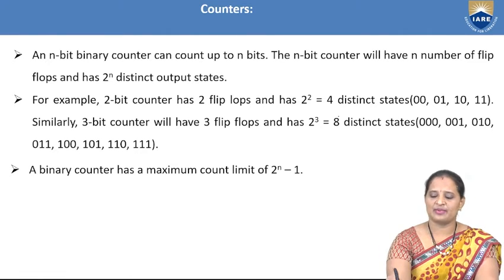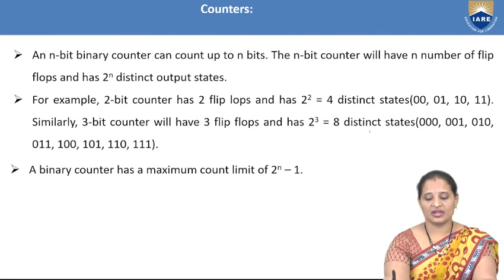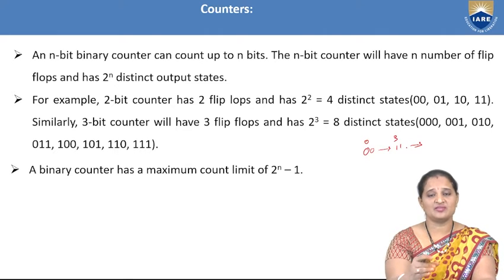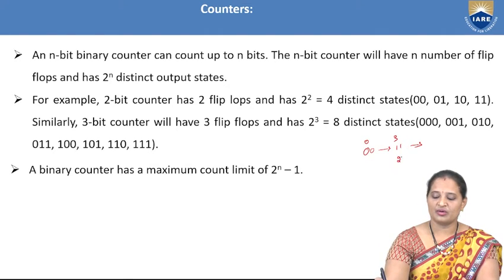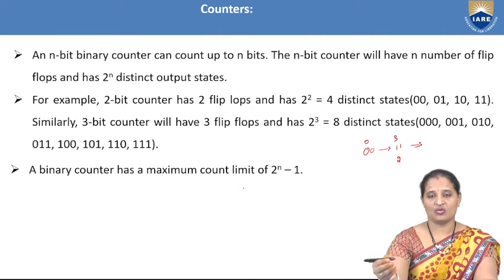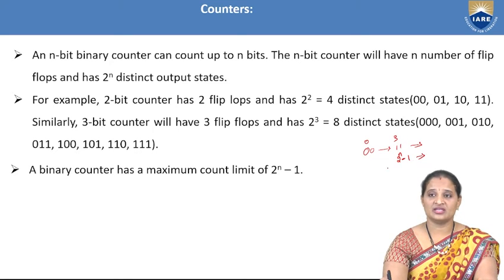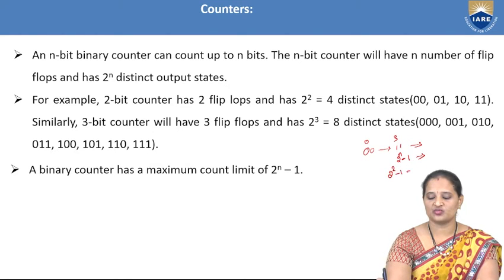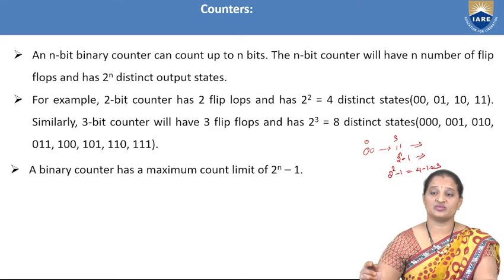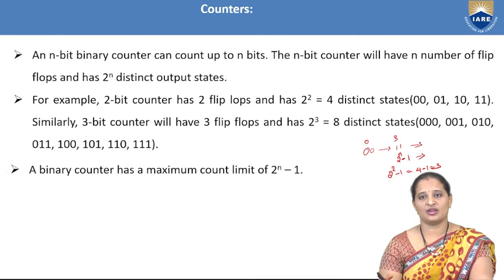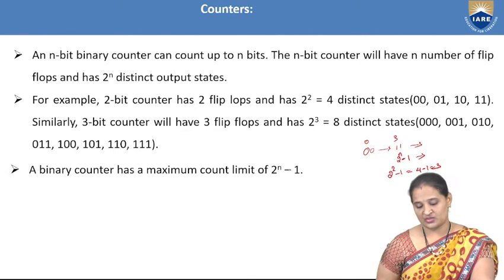For example, a 2-bit counter can count 4 pulses, from 00 to 11, which is 0 to 3 in decimal. So the maximum count limit of an n-bit counter is 2 power n minus 1. For a 2-bit counter, that is 2 power 2 minus 1, which is 4 minus 1, equal to 3.